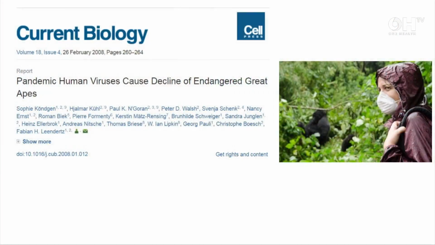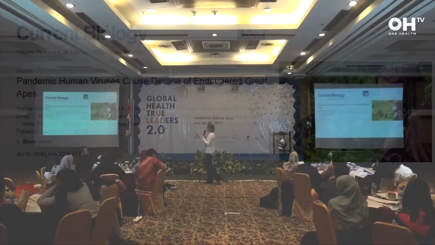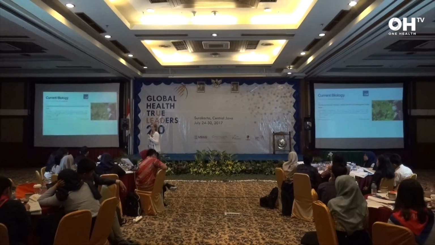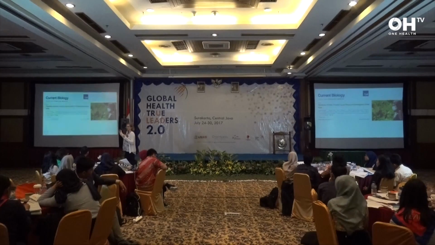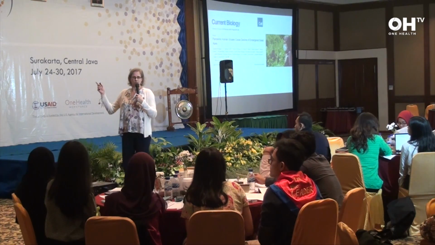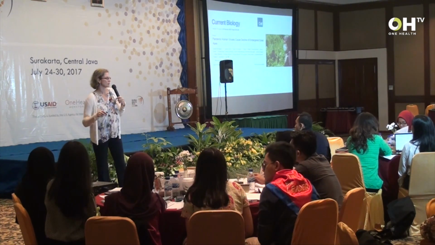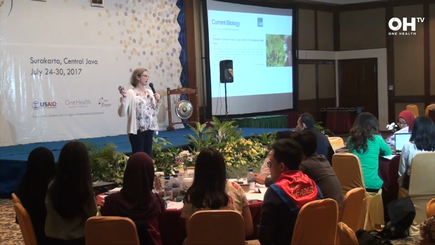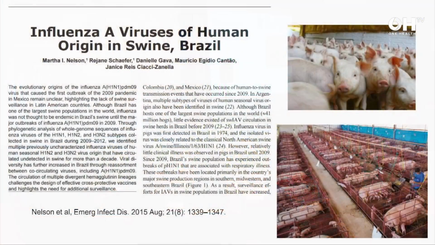And since that initial recognition, there's been recognition that this kind of transmission is happening in many places, in zoos, it's happening in other primate field sites. Okay? In this publication, pandemic human viruses are causing the decline of endangered great apes. That is not a good headline, right? So that reverse zoonosis, the transmission of pathogens from humans back to animals, is having significant impacts on wild populations of endangered animals.